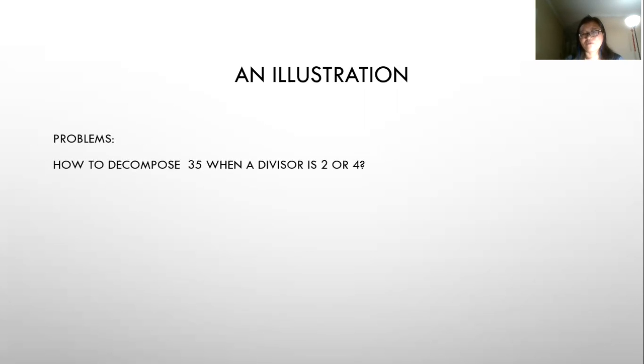The first, we want to know how to decompose i to the 35th in terms of i squared and or i to the fourth power. The second, we want to select the rule and find the process that helps make the calculation faster and without mistakes.